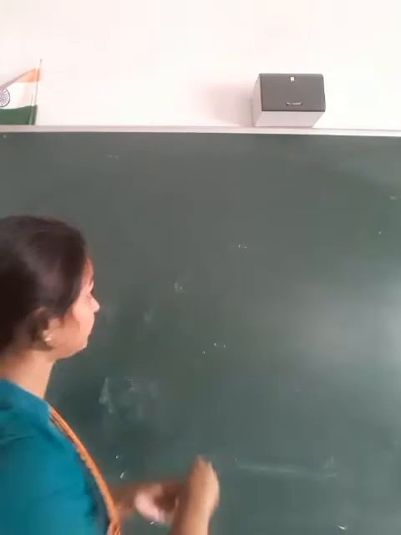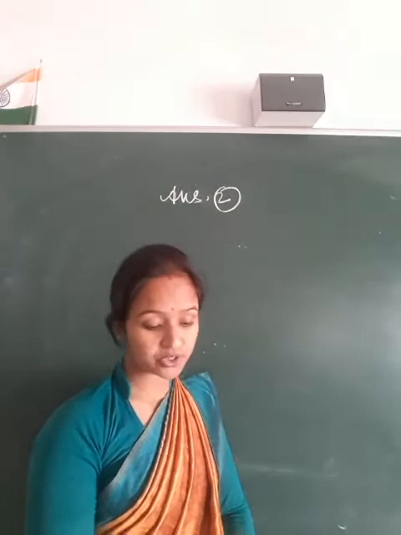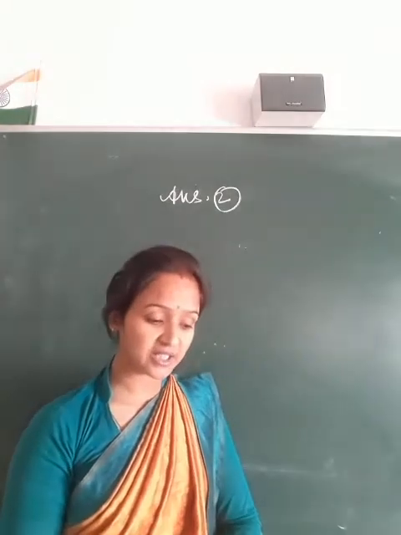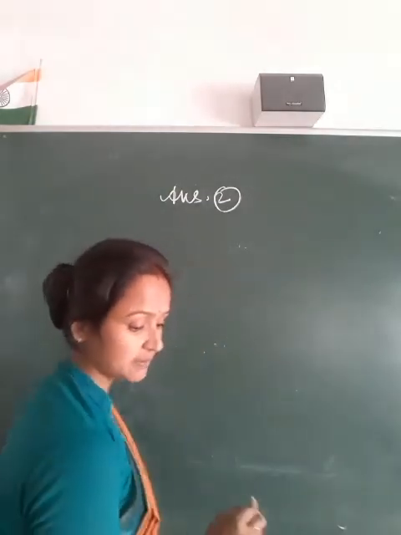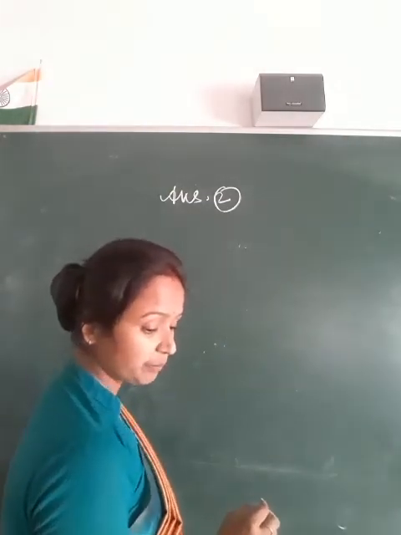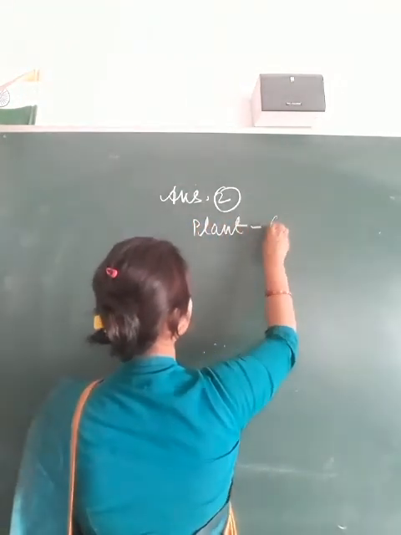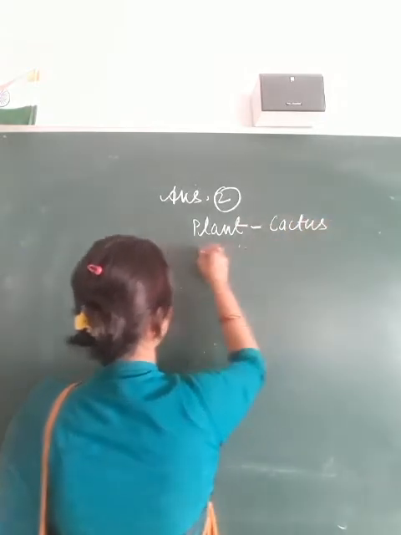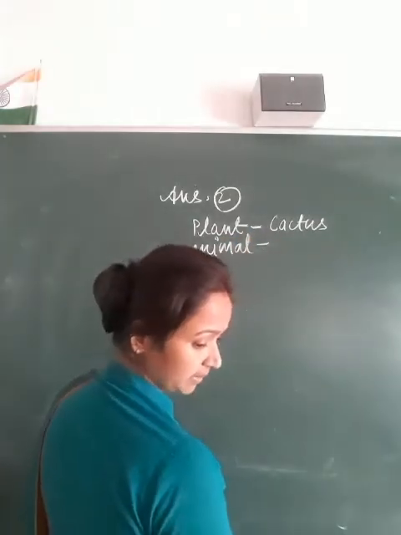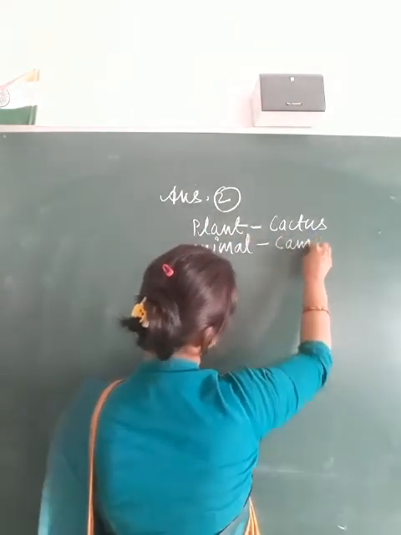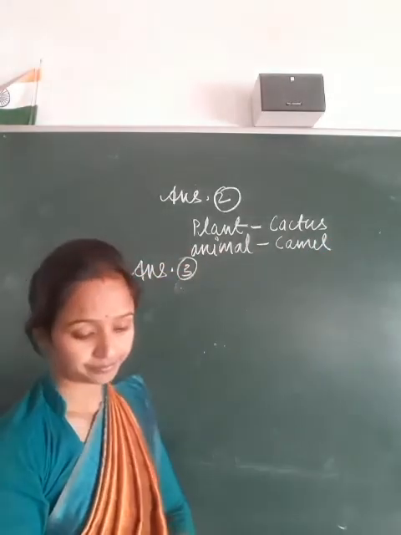Answer 2: plant is the cactus. Animal is the camel.